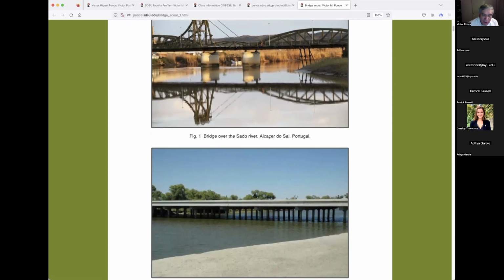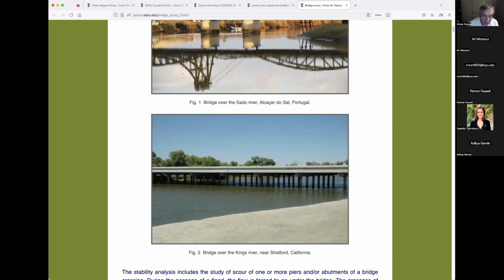That's another story. Another good picture that I have in here is the bridge over the Kings River near Stratford, California. This is about 4 hours from here. 2 hours to LA and then 2 hours to the Central Valley. This is in the Central Valley, the Kings River. The Kings River is one of the rivers that drains Tulare Lake.